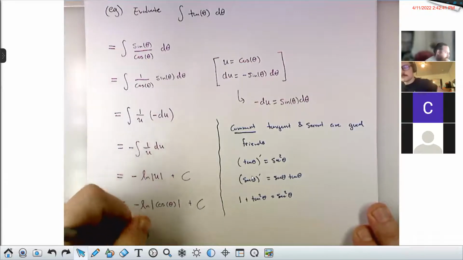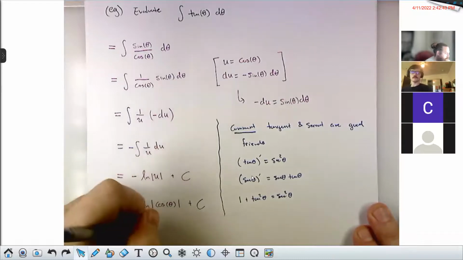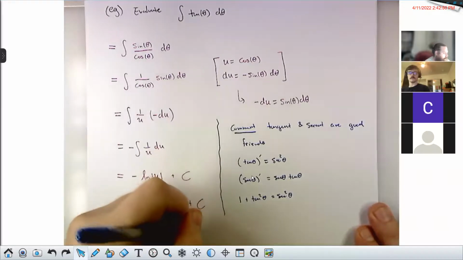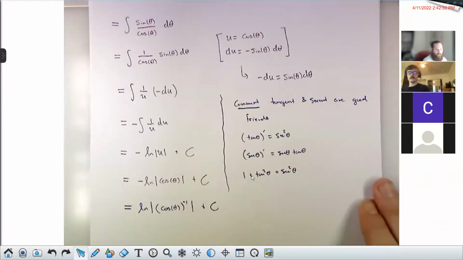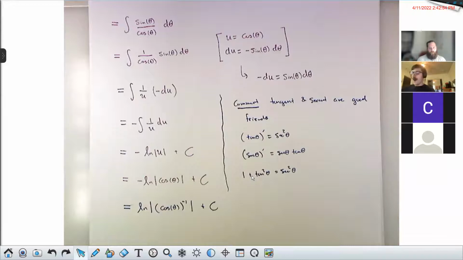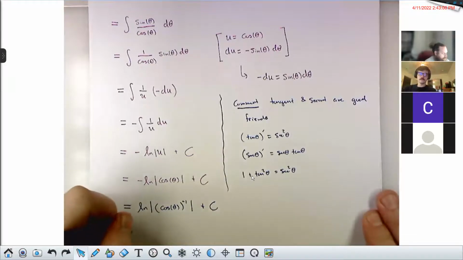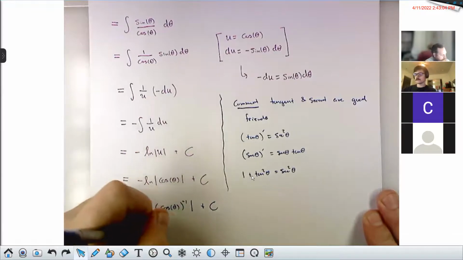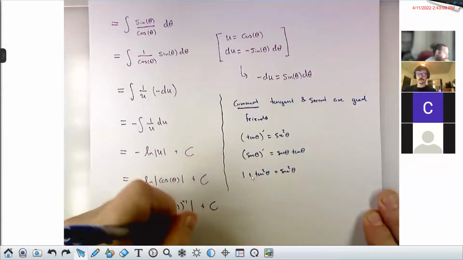By the rules of natural logarithms, or logarithms in general, the negative of the natural log of cosine is the same as the natural log of cosine theta all raised to the negative first power, which is the natural log of the absolute value of 1 over cosine theta plus c.